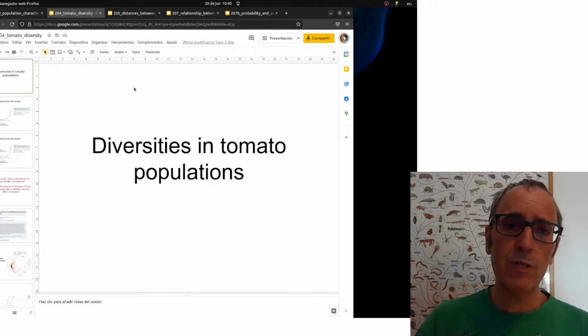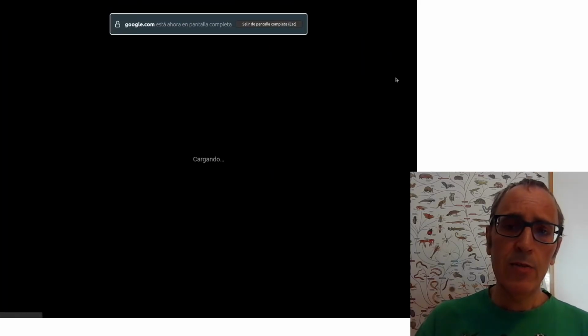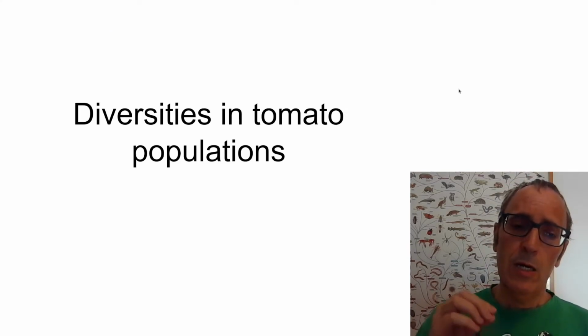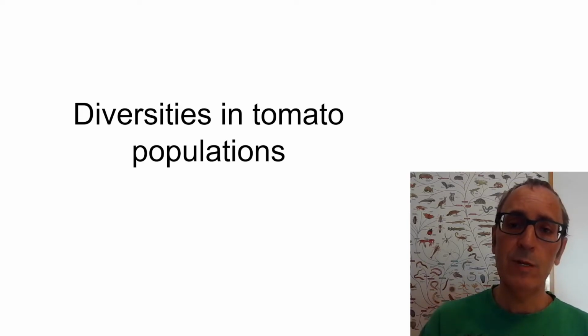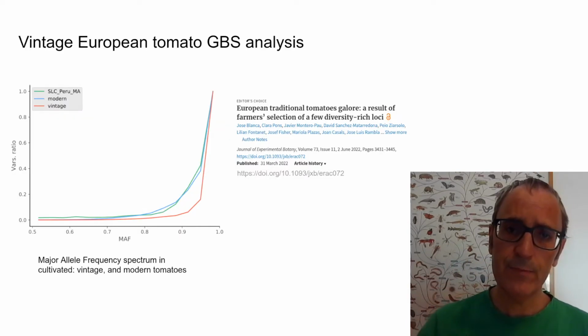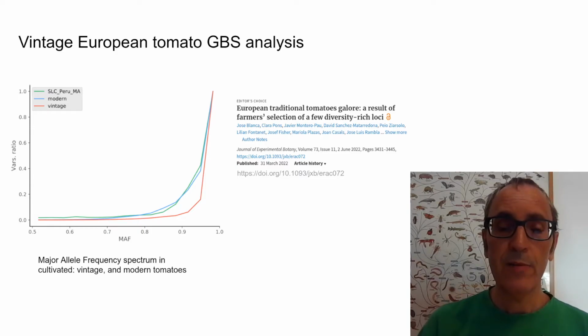But we are going to see an example in tomato, because we have studied tomato quite a bit. I am going to show you diversities calculated in tomato populations, and we are going to see how different measures compare. One measure that we have seen is the allele frequency spectrum. Here you have the allele frequency spectrum for 3 populations in tomato. We can compare, for instance, modern tomato and vintage tomatoes.